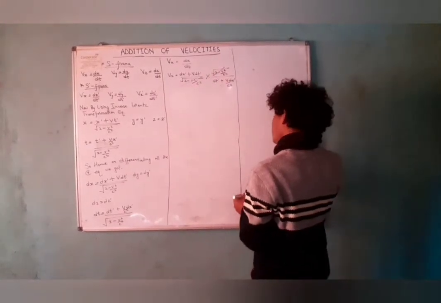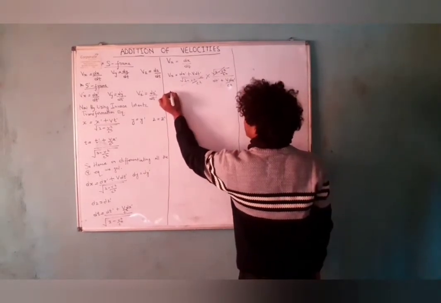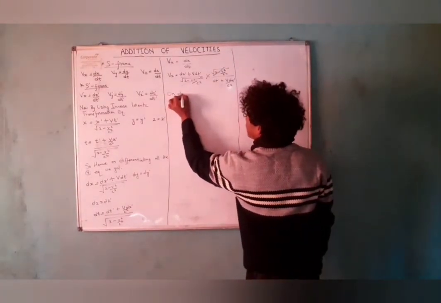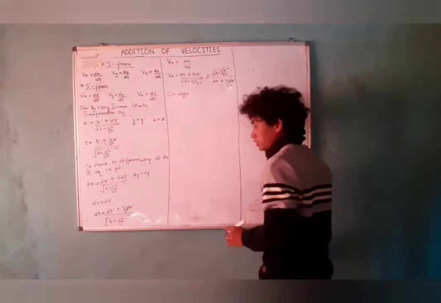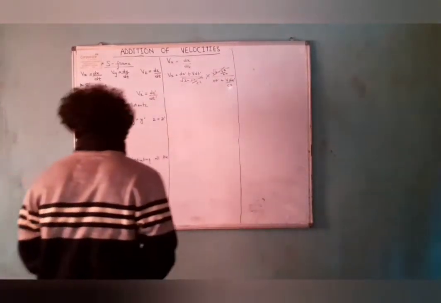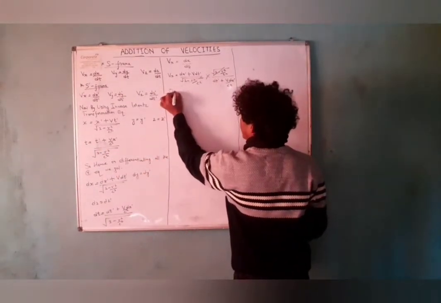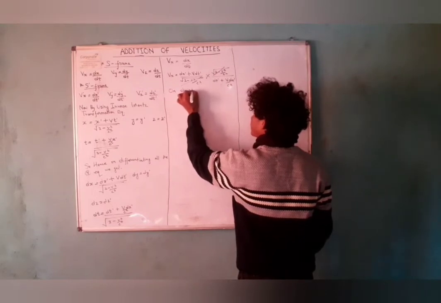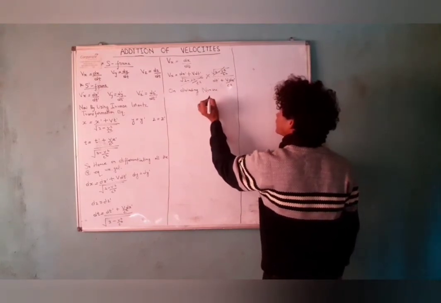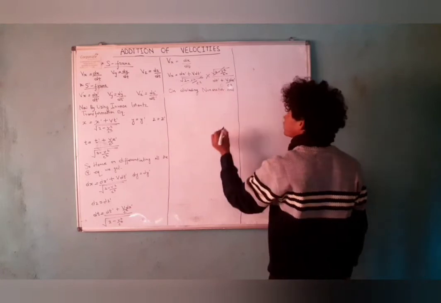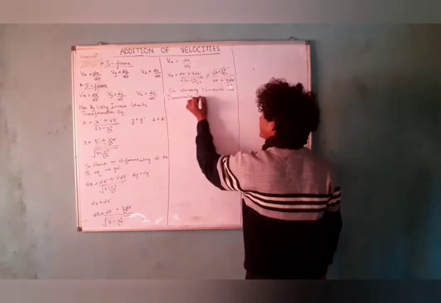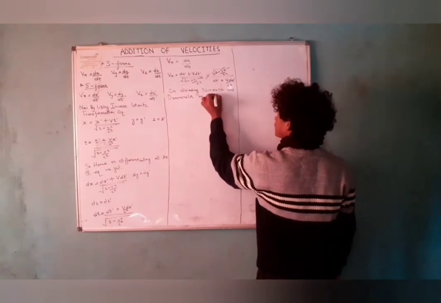So now again we have to manipulate it. On dividing numerator and denominator by dt prime.